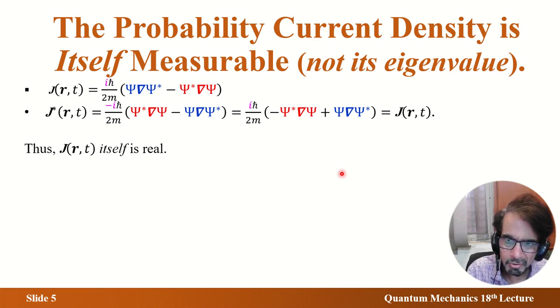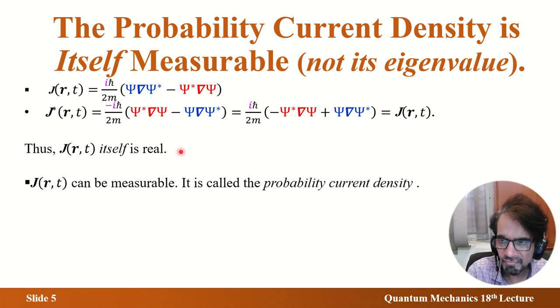Real means measurable, and that's the signature of science. But probability current is not an operator, it has no eigenvalue, but it need not have an eigenvalue because it itself is real, so it itself is measurable. You don't need to go to its eigenvalue. So if you make a summary of quantum mechanics, then you use operators, eigenvalues, eigenfunctions, and so on, plus you add probability current. No eigenvalue, it itself is measurable, it itself is real.